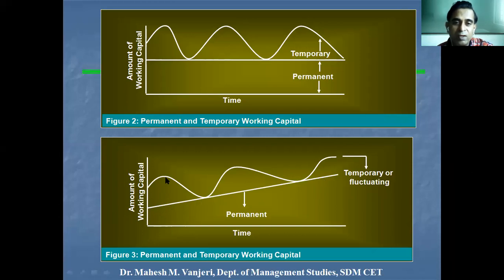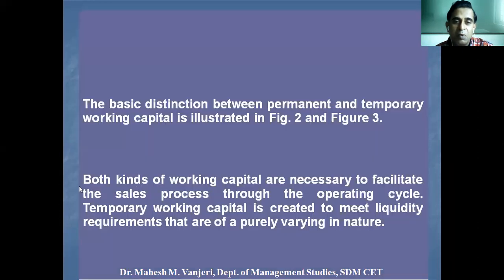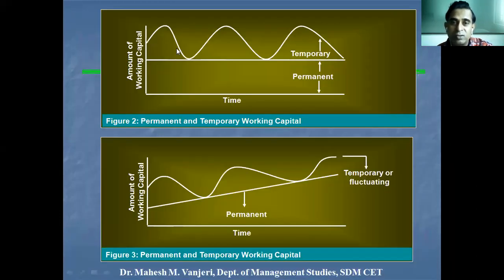The fluctuating or variable capital behavior will be the same as per the seasons or demand. Both kinds of working capital are necessary to facilitate the sales process through the operating cycle. Temporary working capital is created to meet liquidity requirements that are purely varying in nature. So these bell-shaped curves keep on changing.